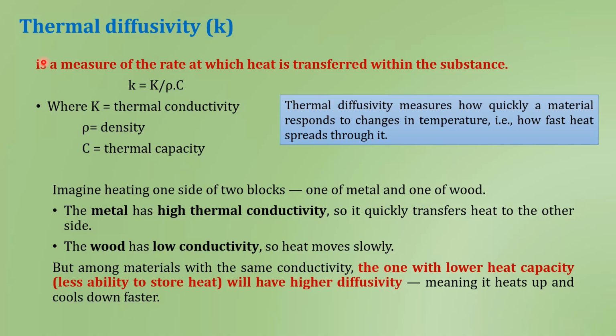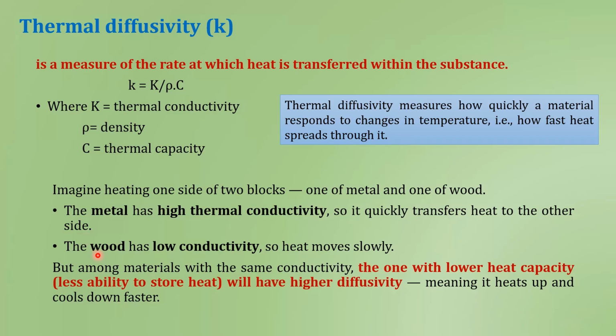To understand thermal diffusivity, let us consider a scenario. Suppose we have two blocks, one of metal and one of wood, and we are heating one side of each block. Because the metal has high thermal conductivity, it will quickly transfer heat to the other side.